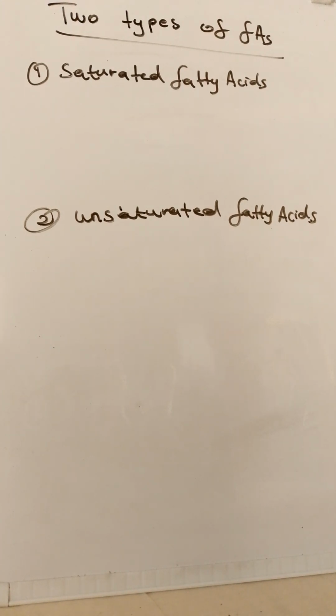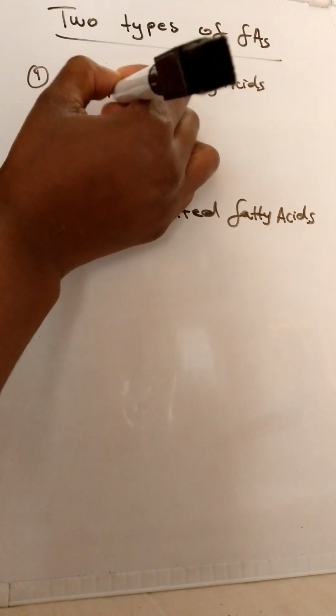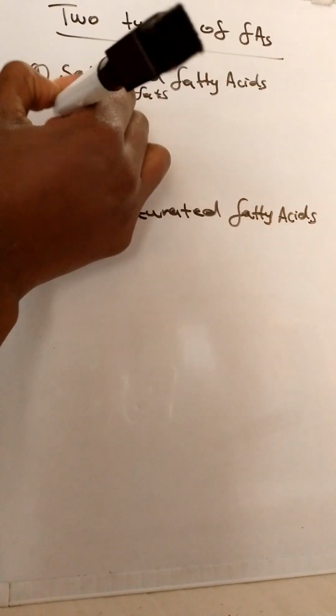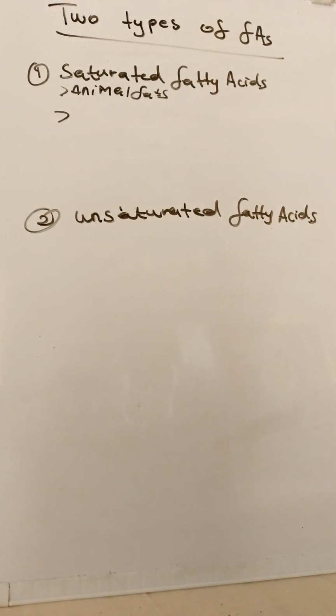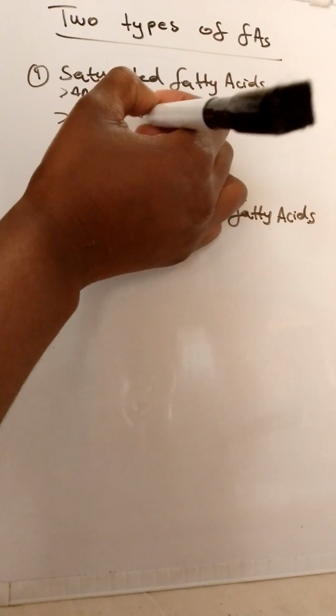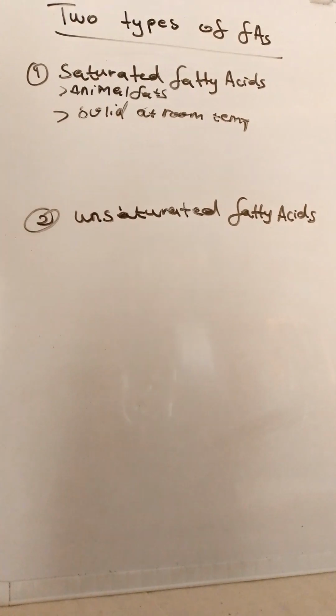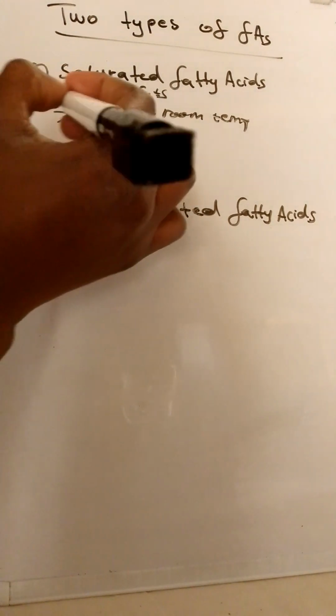When we are talking about saturated fatty acids, they are mostly found in animal fats. They are solid at room temperature. Also, due to this solidity at room temperature, they have a higher melting point.